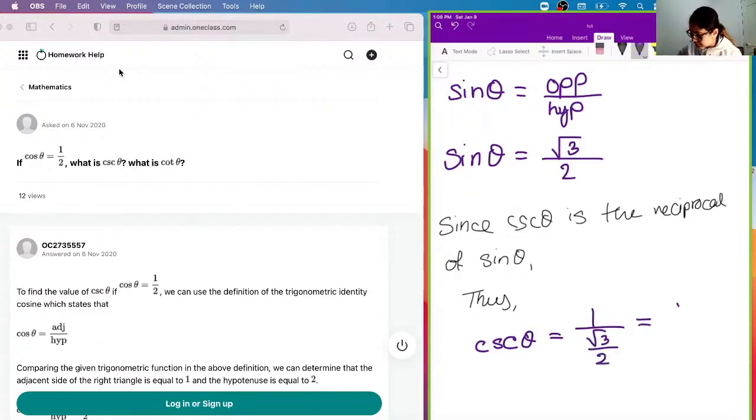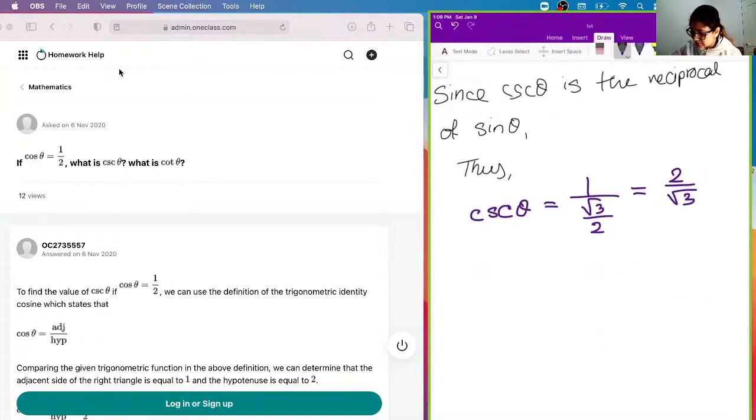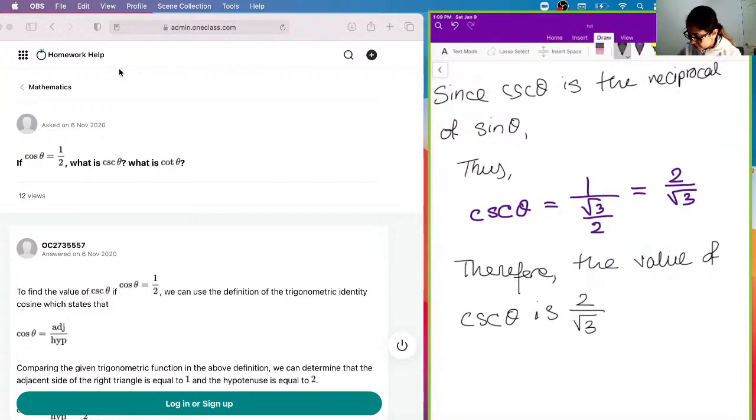Cosecant theta is equal to 1 over root 3 over 2, which is equal to 2 over root 3. Therefore, the value of cosecant theta is 2 over root 3 when cos theta is equal to a half. So this is our first part.